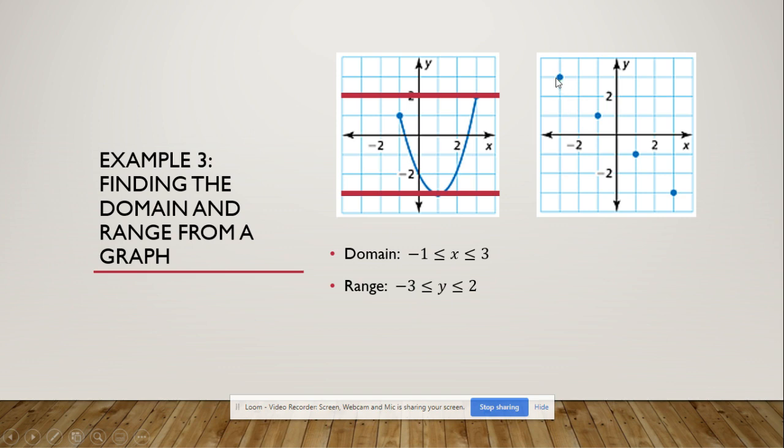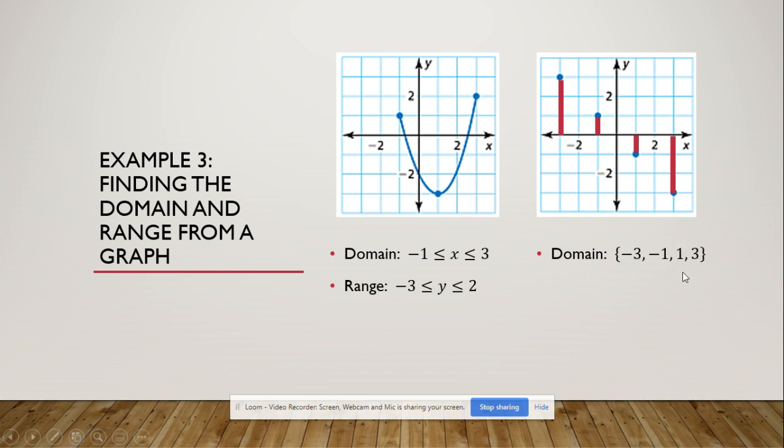Now if it's discrete, meaning it just has single dots, we're going to find the domain by identifying each individual x value. So we have an x value at -3, at -1, at 1, and at 3. So that creates a domain. We're going to put it in curly brackets, and we just write out each number: -3, -1, 1, and 3.